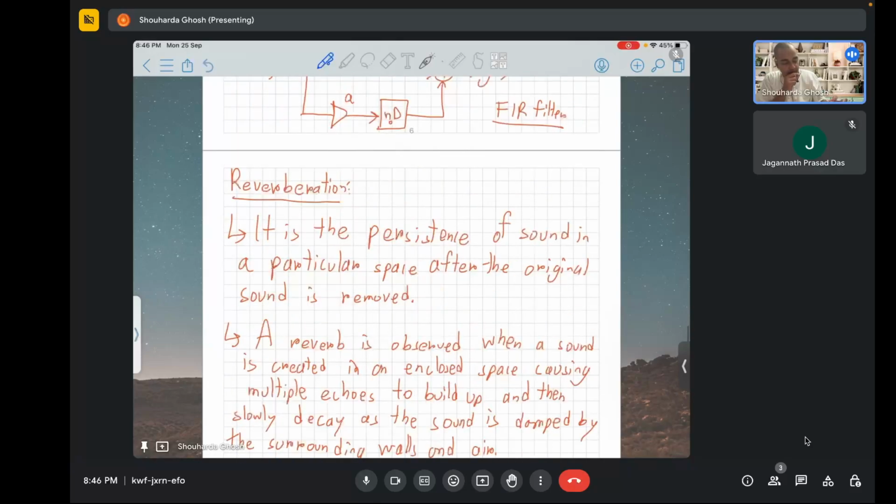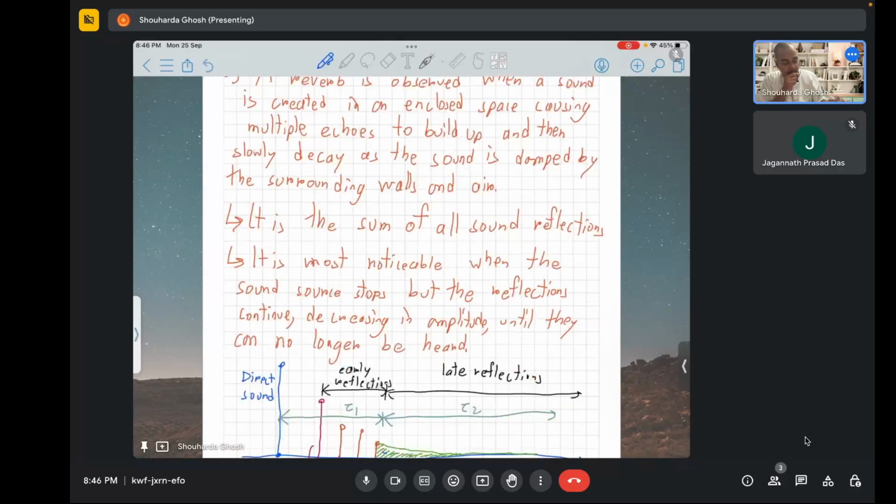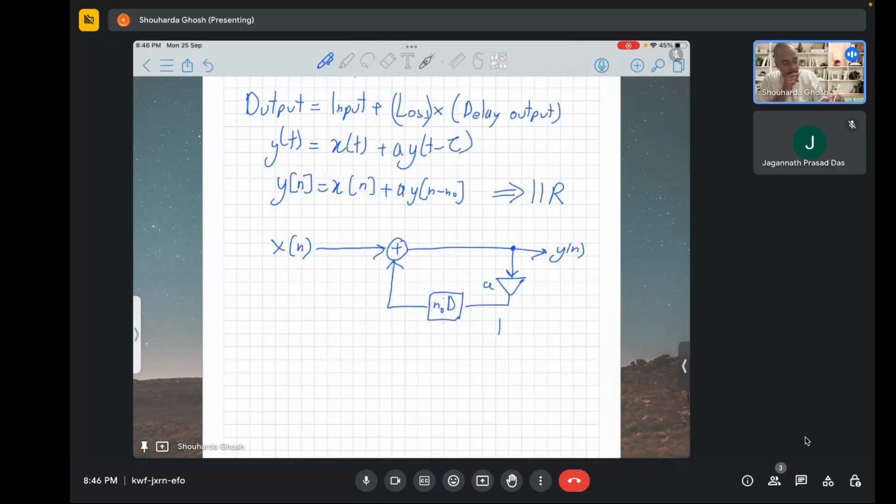That's how you model a reverberation. This is an IIR filter.